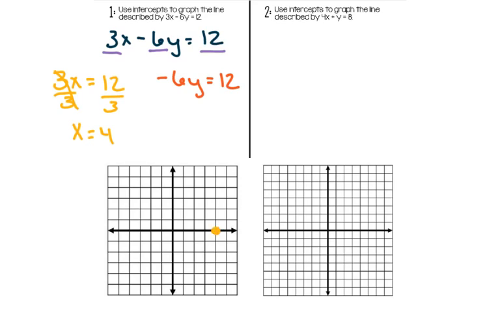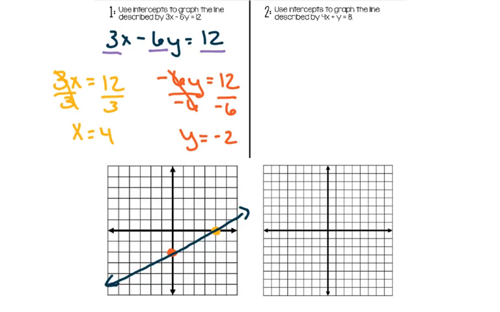So we can put a point there. Here I'm going to divide by a negative 6. So I get negative 2. So that means my y-intercept is negative 2. And then we just take our ruler and draw a straight line across. So that's how we would graph standard form using intercepts.